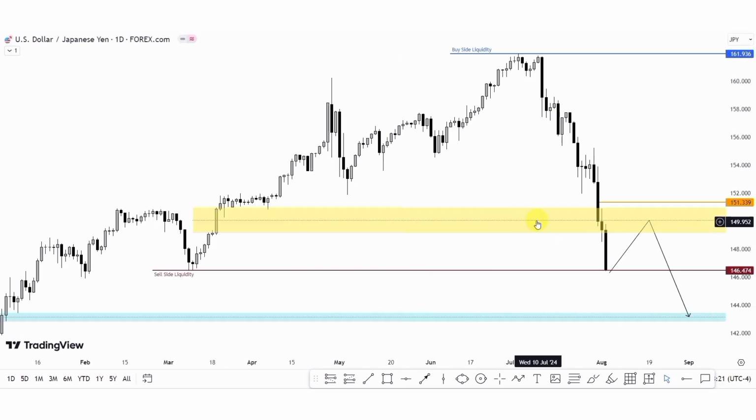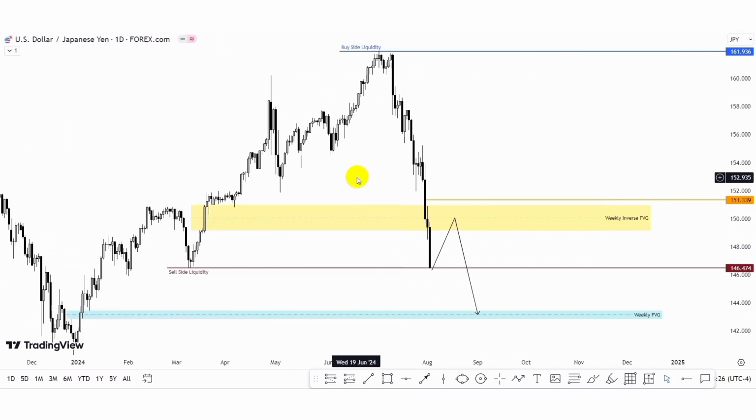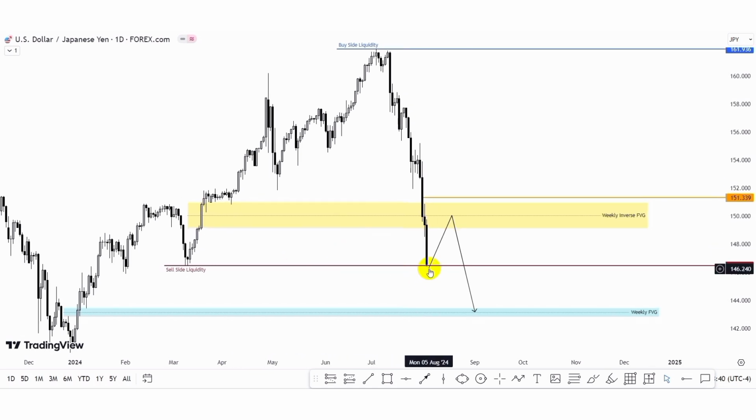So here in the daily time frame, what we're going to see is just the way we marked out in the weekly time frame, we have the weekly inverse fair value gap. You can see we also have an inverse fair value gap in the daily time frame. So what we could anticipate is to see price push to the upside first before we see continuation of the bearish movements.